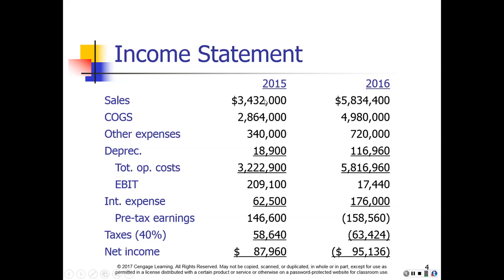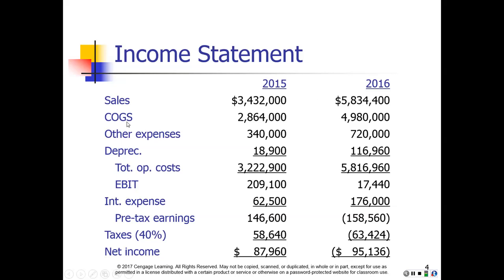And in 2016 it's 5,834,400. So you can see that sales actually grew for this company from 2015 to 2016, right? We are looking at the financial statements, end of the year statements of Computron Industries. That's the name of the company, Computron.